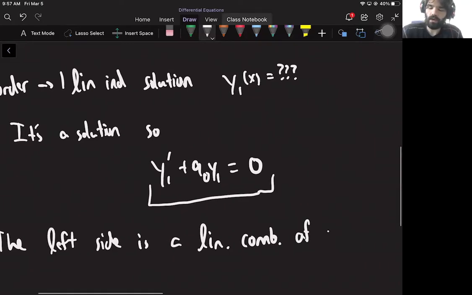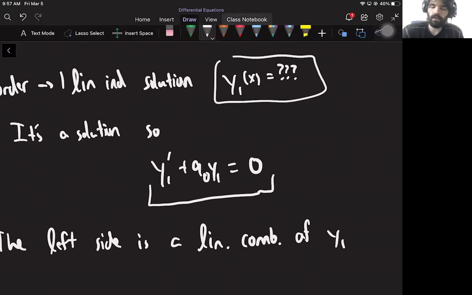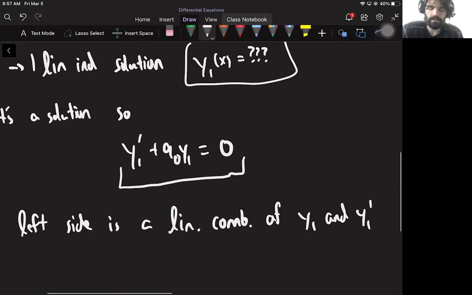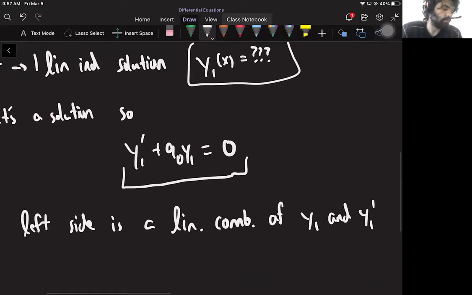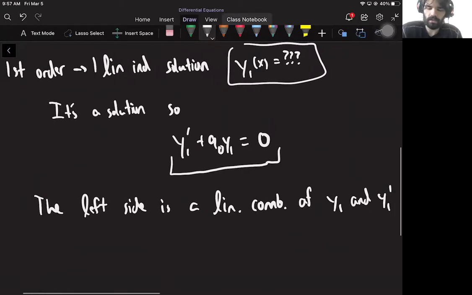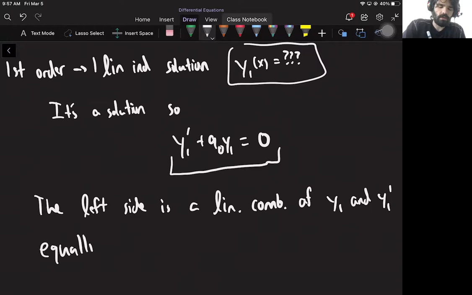Well, y1, this mystery function that I don't know yet, that I'm trying to figure out, and also its own derivative. If I take its derivative, I get a new function. So the left side is a linear combination of these two. But then what's the significance of the right side? Well, it's 0. So it's a linear combination equaling 0.